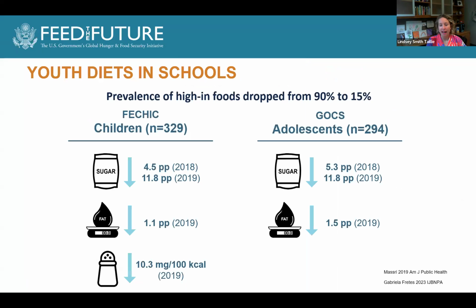The other thing is that the school food environment became a lot healthier. So the prevalence of foods that were unhealthy dropped from 90% to 15%. And then the foods that kids were actually eating at schools also became healthier, with reductions in sugar, saturated fat, and salt for the younger kids, and sugar and saturated fat for the older kids.